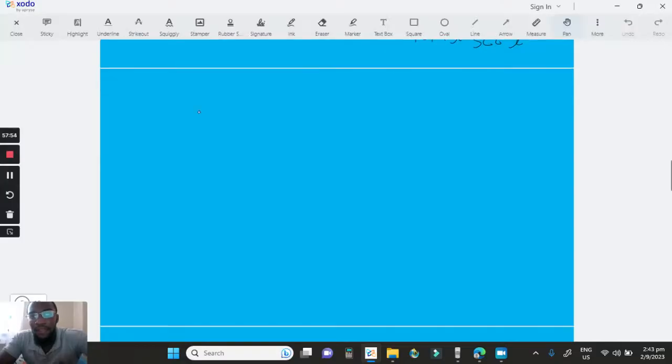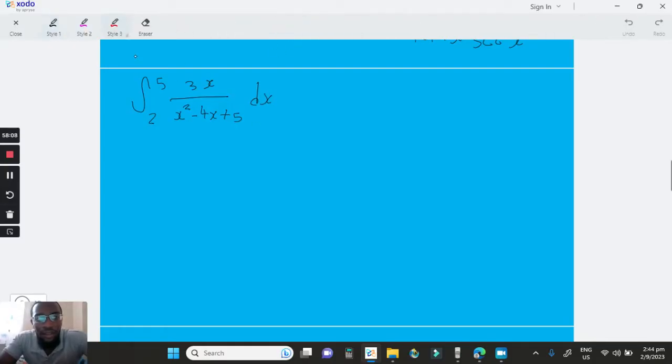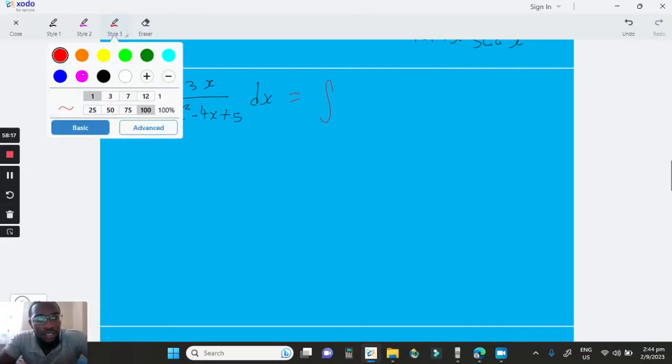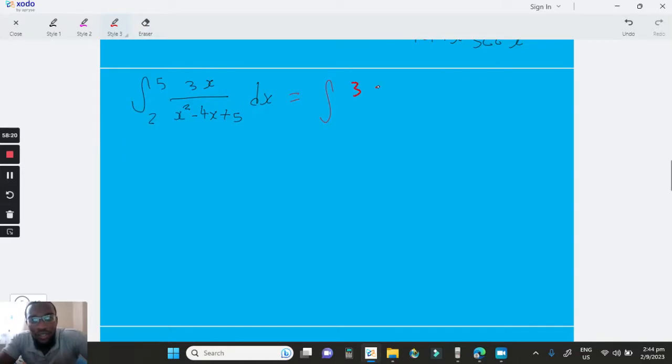So this was integrating from 2 to 5 of 3x over x squared minus 4x plus 5 dx. This way is way shorter, so I'm going to do completing the square, then go back to my substitution method. Completing the square in the denominator, it becomes 3x over (x minus half of 4, which is 2) squared, then subtract 2 squared plus 5 dx.